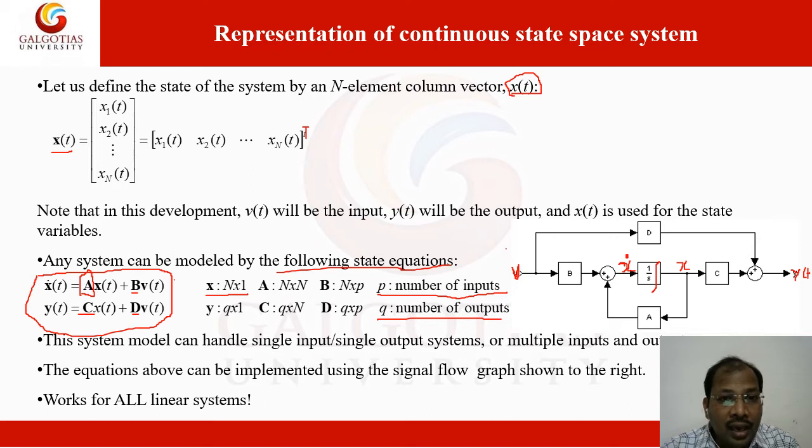Similarly, the order of v is P cross 1, where P is the number of inputs. The order of A is N by N, B is N cross P, matrix C is Q cross N, and D is Q cross P. How are we going to calculate the dimension of x dot t? This x dot t is of order N by 1.